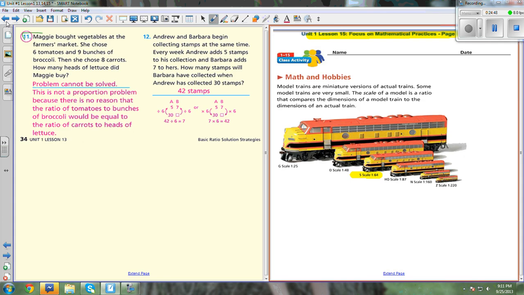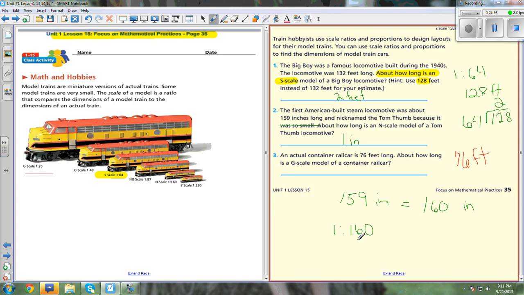A G-scale is 1 to 25. 1 to 25 feet. Now, again, 25, 76. 25 doesn't go into 76 evenly, but it's close to 75.